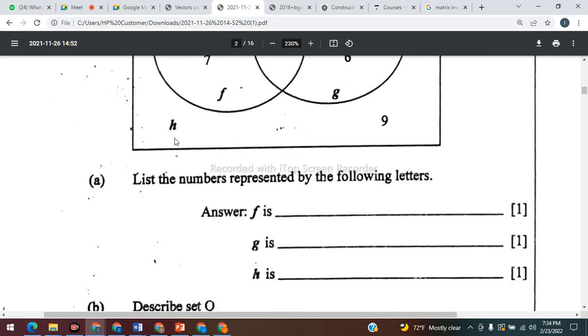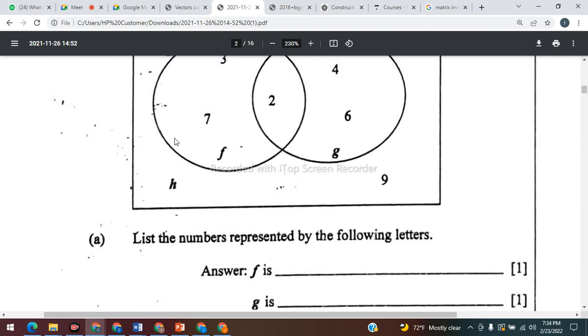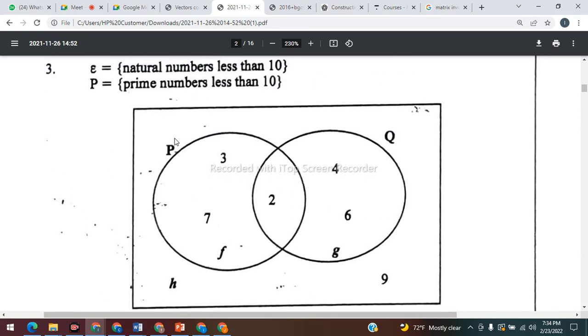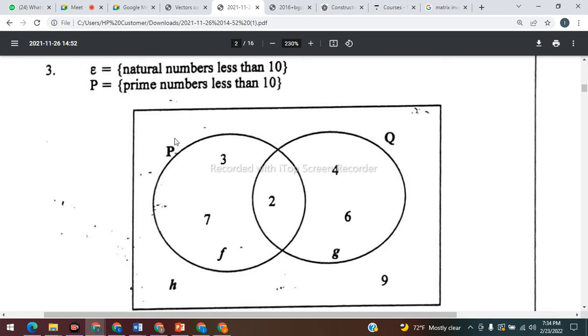All right, let's start again. Can you scroll back up, please? Yes, okay, no problem. Right there.